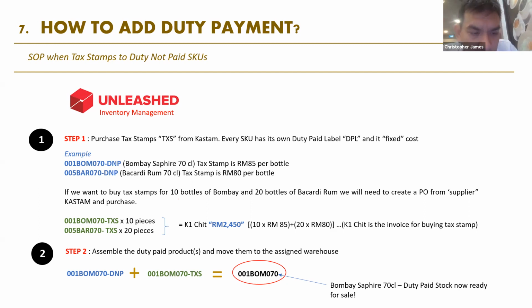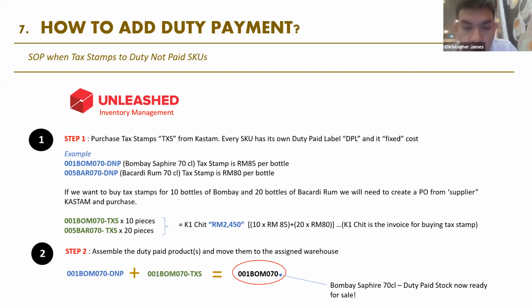Let me see, 001, the green color one. You want to buy 10 pieces of TXS, this tax stamp, for Bombay and 20 pieces for Bacardi rum. If it is 85 ringgit for Bombay and 80 for Bacardi rum, you buy 10, you buy 20, it will be 2,450 ringgit. Is that clear, Adeline?